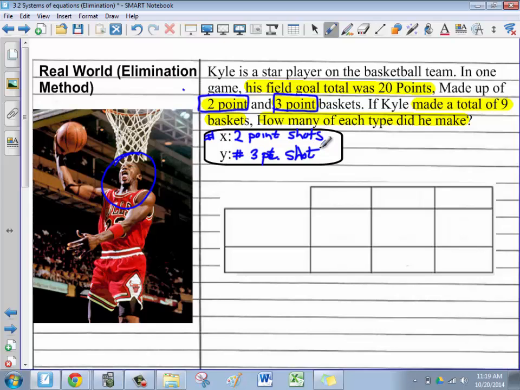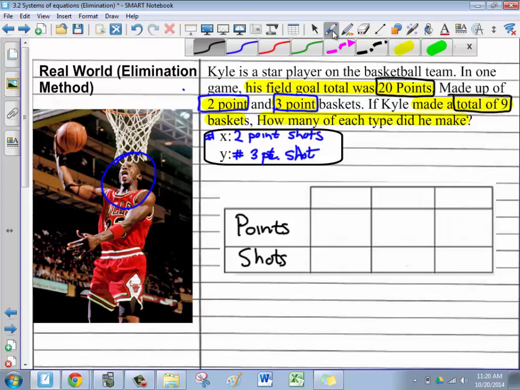Now, down here I got a little organizer for you of setting up this system. First, we got to figure out what are the 2 equations that we can figure out from this whole mess of stuff. Well, one equation is going to be based around points. How many points did he make? So we got a points equation. And the next equation is about shots. Total of 9 shots. So we got a shots equation.